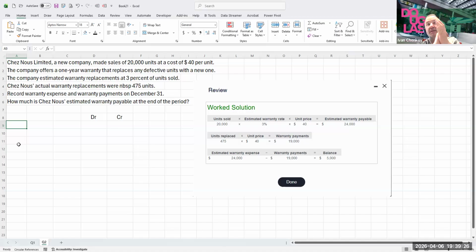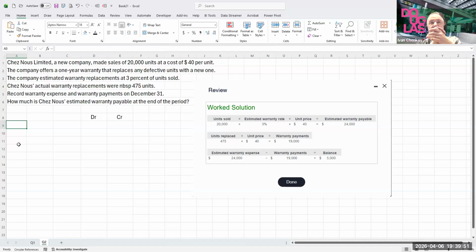The company offers a 1 year warranty that replaces any defective unit with one new unit. The company estimated the warranty replacement at 3% of the units sold. The actual warranty replacement was 475 units.